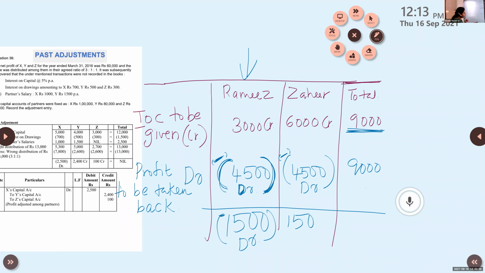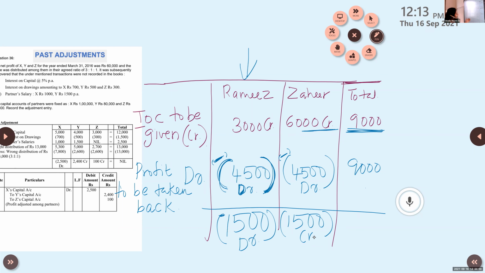Here which is the higher value? 6,000. It is credit. So whatever is allotted to the higher amount, debit or credit, that should be given to the subtraction result.